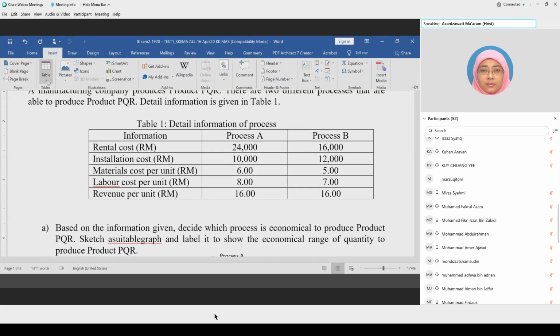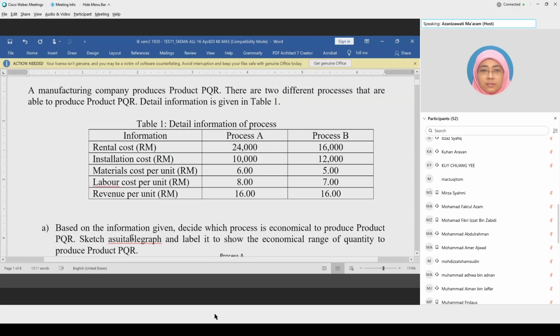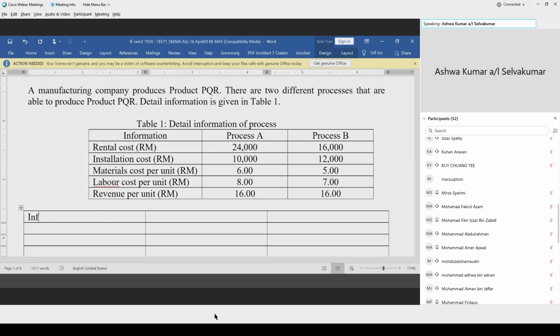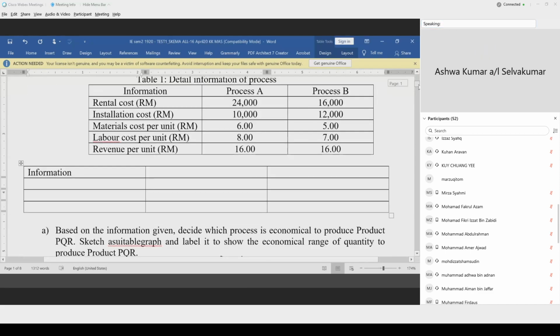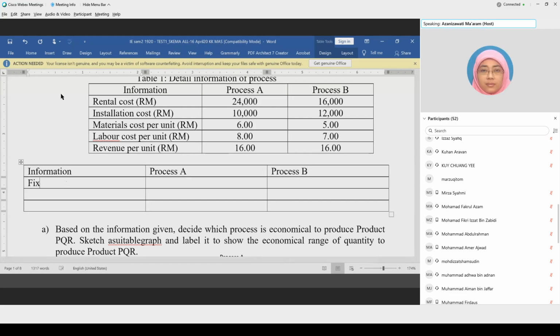Insert 2, 3. So here is the information. This one is for process A. This one is for process B. So this one is fixed cost.